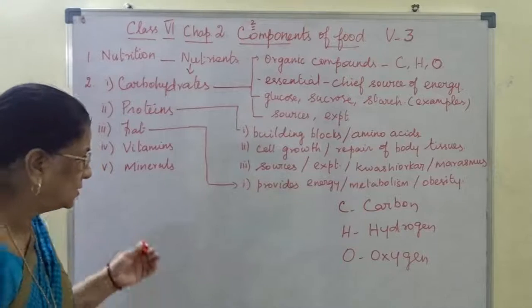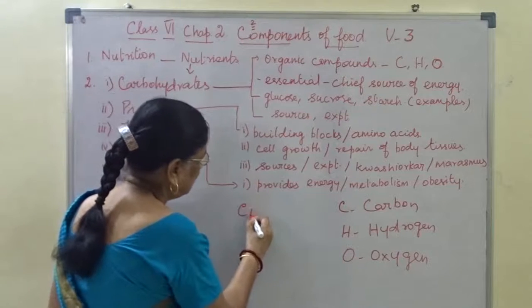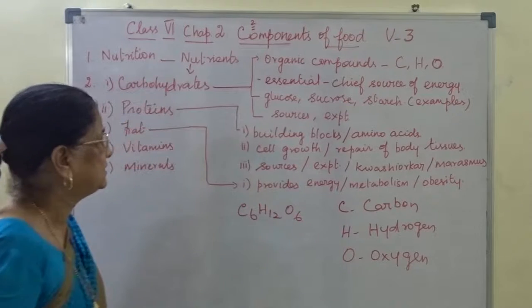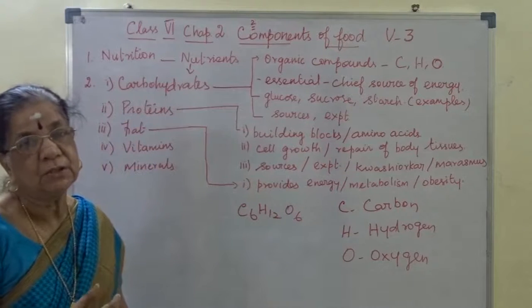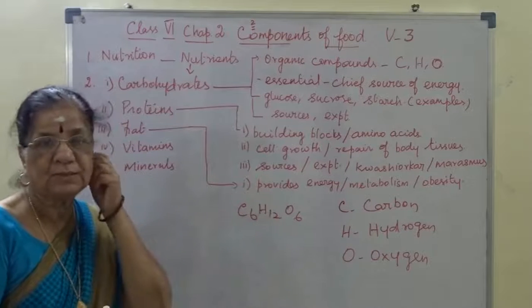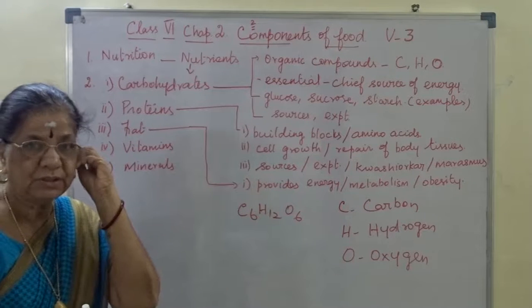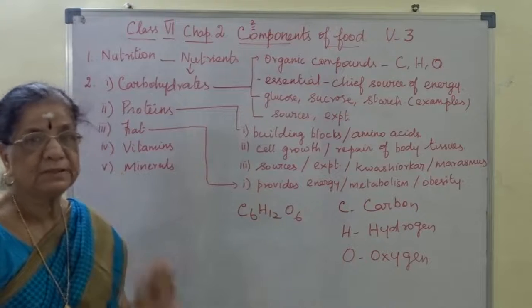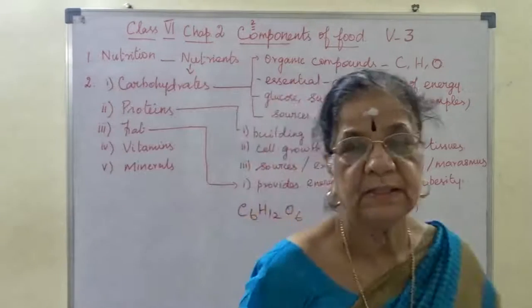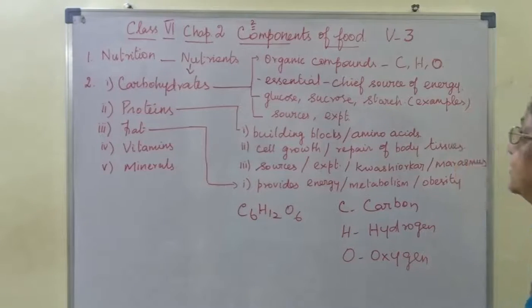Normally, the glucose formula is C6H12O6. This is the glucose formula. All three are carbon, hydrogen, oxygen. Right? So carbohydrates are organic compounds formed of carbon, hydrogen and oxygen, and they are monosaccharides, disaccharides and polysaccharides.